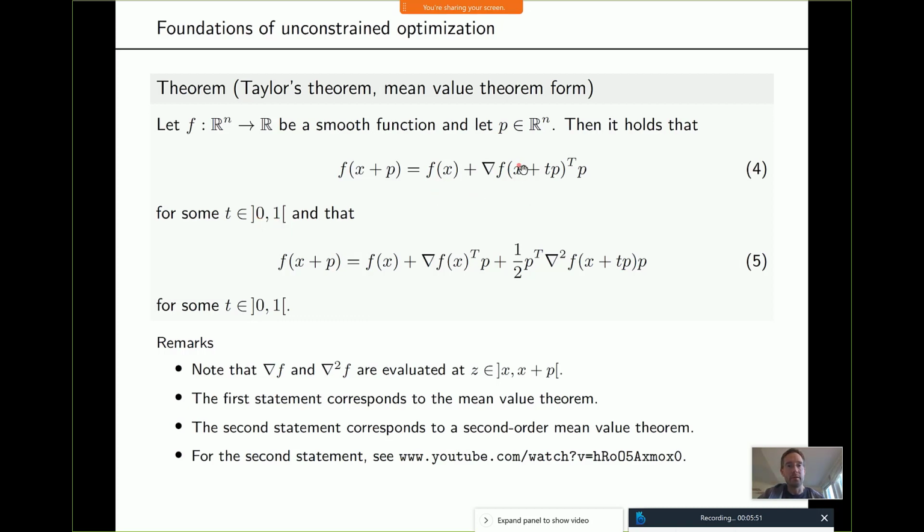So you are here with a gradient at some location between x and x plus p.